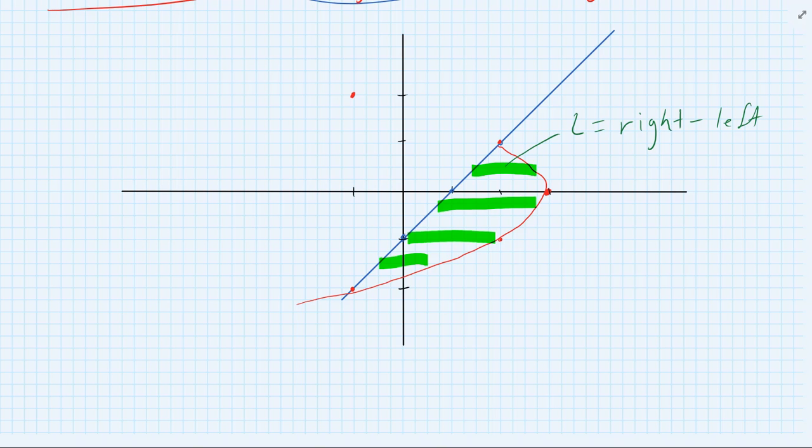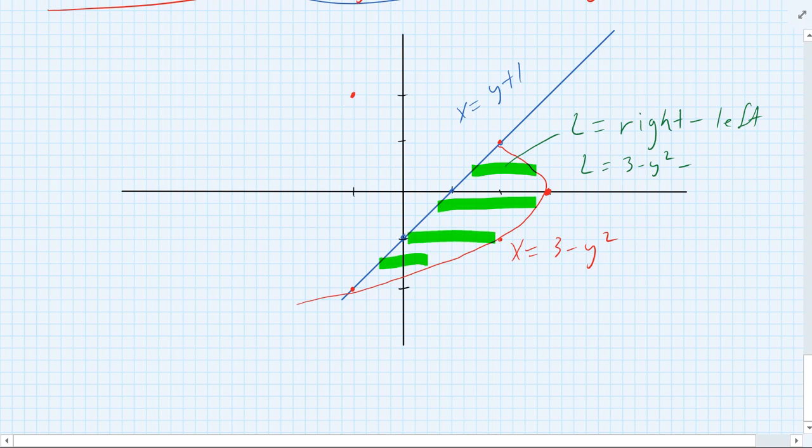Well, from before, this is x equal to 3 minus y squared, and this is x equal to y plus 1. So if I do right minus left now, my length is equal to the parabola, which is 3 minus y squared, minus the line, which is (y plus 1). So what my length ends up being is 2, what? I forgot to distribute.